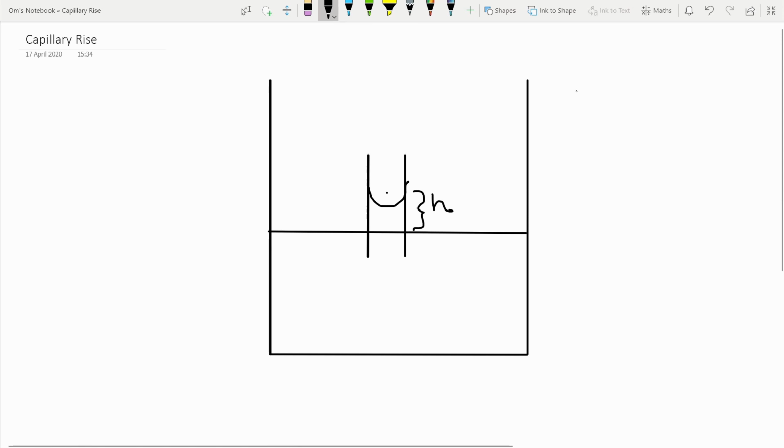Alright, so let's begin with describing what capillary rise actually is. I've used it frequently throughout the video, but I've not actually explained what it is, not even once.